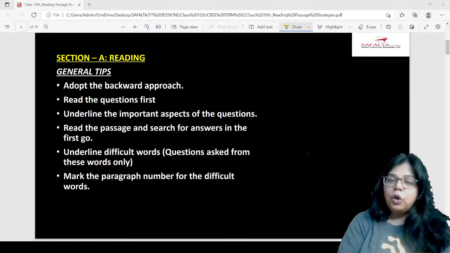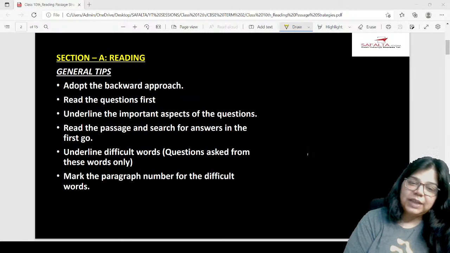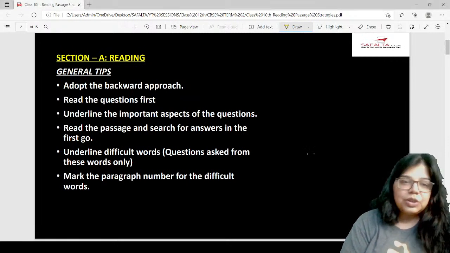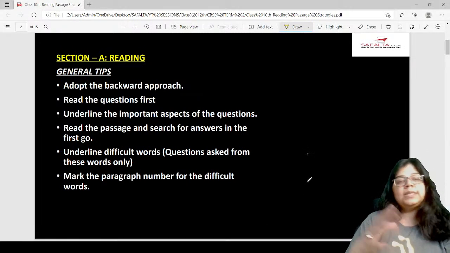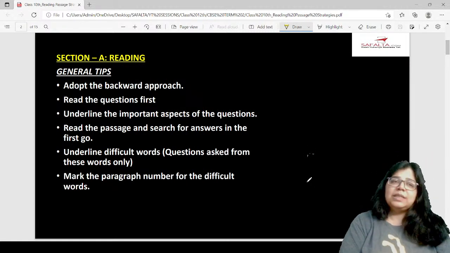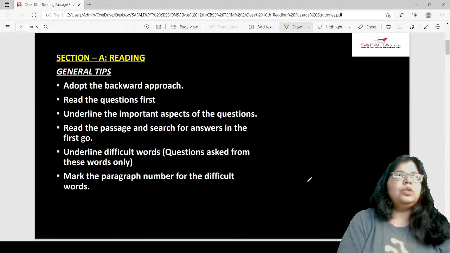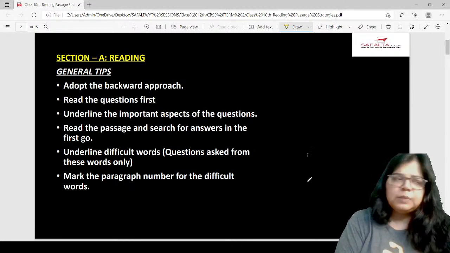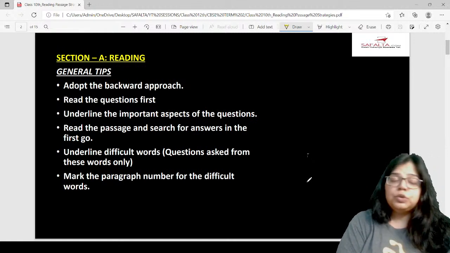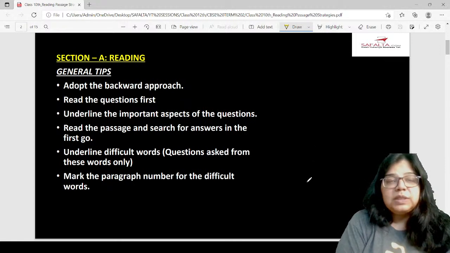Yeah. So normally we have this tendency to read the passage first and then go to the questions, right? Now the backward approach, what we do in the backward approach is we read the questions first. See, please understand, you're not supposed to do a PhD in this passage, right? You are not supposed to write a research paper on this passage. You are not supposed to write a big long conclusion of this passage.